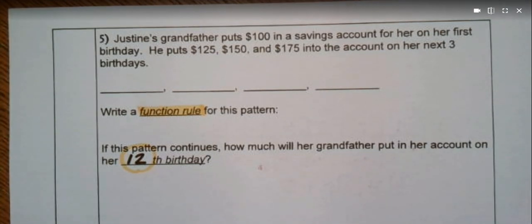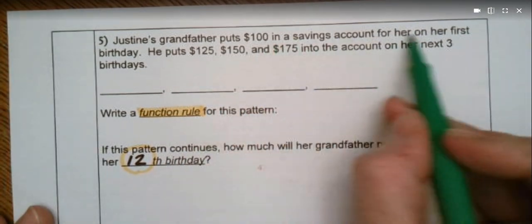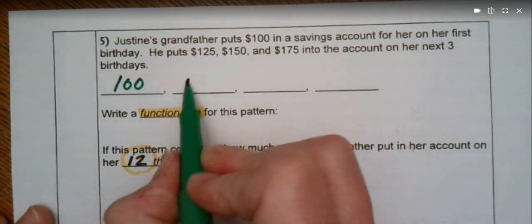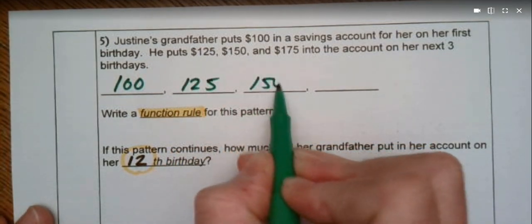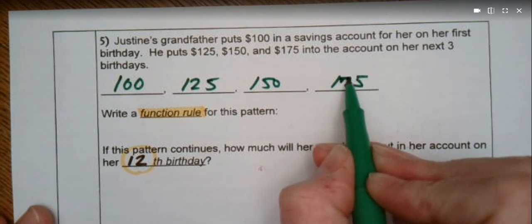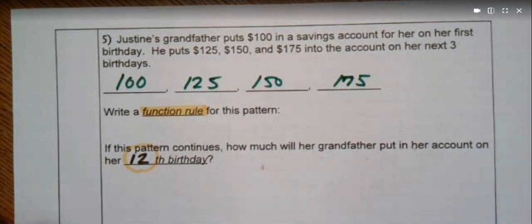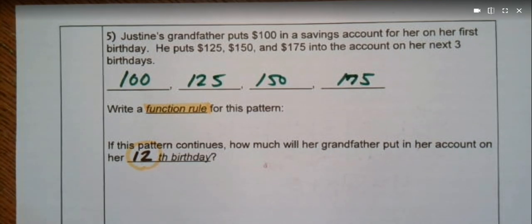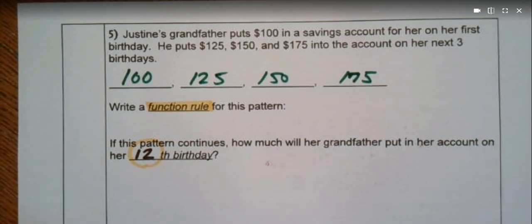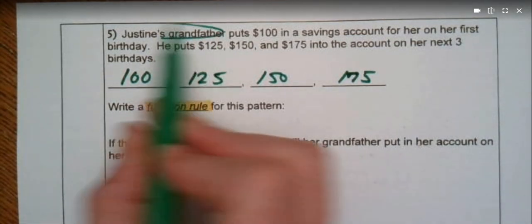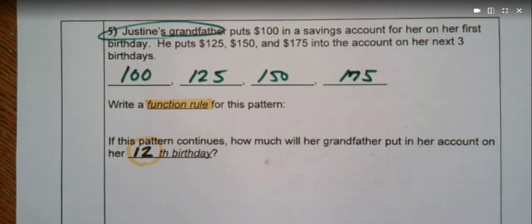Okay, so let's write down the pattern of what's happening. $100 into the account on her first birthday. Then he puts 125, 150, 175 for the next 3 birthdays. Do you see the pattern he's making here? I bet you he's a mathematician. Who knows? Okay, so let's write a function rule for what Justine's grandfather's doing here.